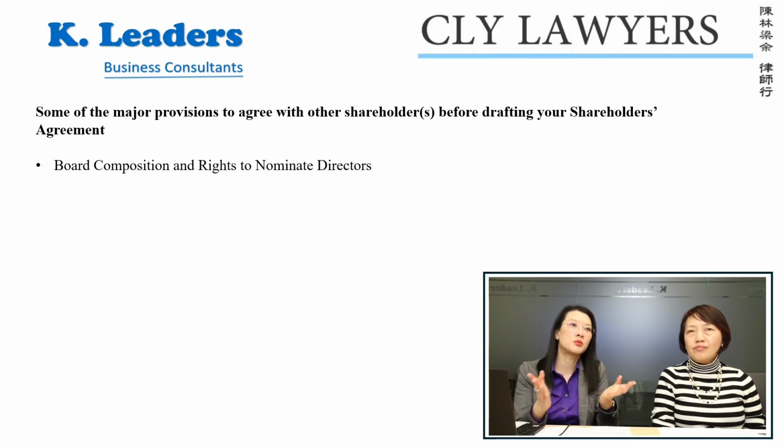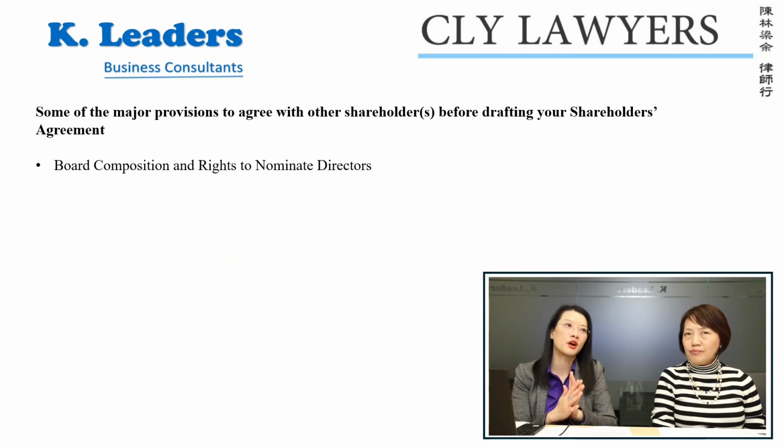A lot of times they would set in the shareholders agreement that for the board, there will be a maximum number of directors, let's say 5 directors. And the major shareholder is able to nominate 3 directors, and the other 2 minority shareholders are able to nominate just 1 director each. So this way, the major shareholder is able to exercise control at the board level.